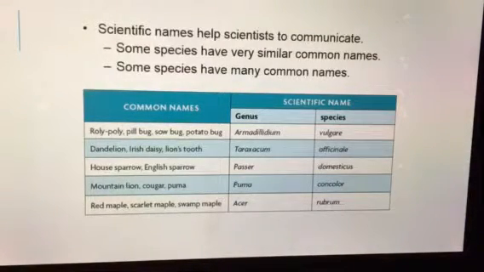Here's an example of a few of them, where when we talk about things like Escherichia coli, you have the genus and you have your species. We can see that some of these might have similar names, such as our puma, Puma concolor, which is our mountain lion, our cougar, and our puma.